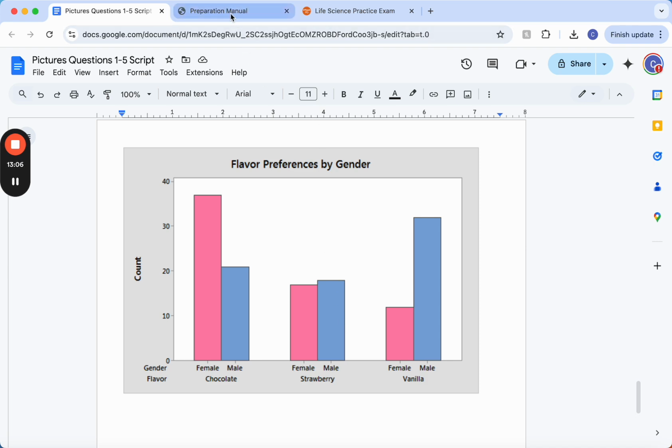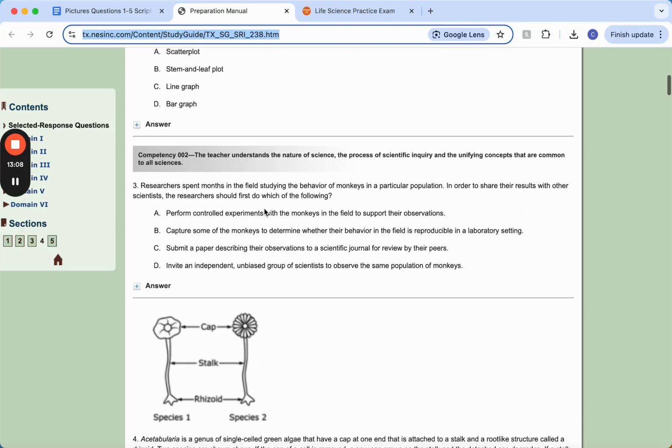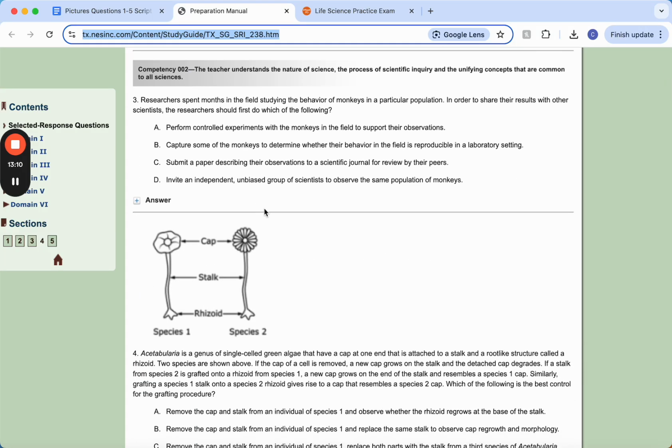All right, let's go back now and look at question 3. Researchers spent months in the field studying the behavior of monkeys in a particular population. In order to share their results with other scientists, the researchers should first do which of the following? A, perform controlled experiments with the monkeys in the field to support their observations.